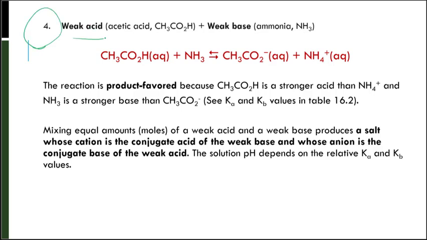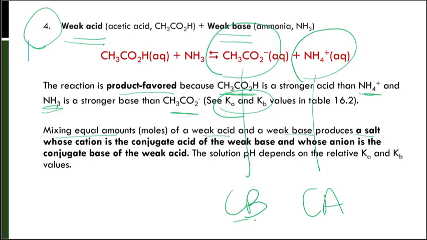And the fourth one is if I have a weak acid and a weak base. The reaction is going to be product favored because acetic acid is a stronger acid than NH4 plus, and NH3 is a stronger base than acetate, and we would look at the Ka and the Kb values. So if I mixed equal amounts of the weak acid and the weak base, we produce a salt whose cation is the conjugate acid of the weak base, and whose anion is the conjugate base of the weak acid.